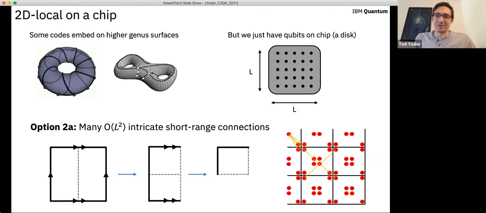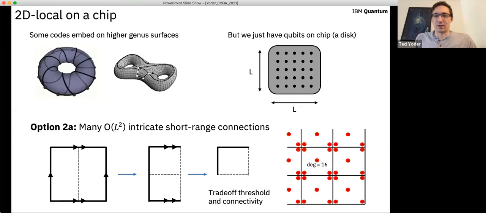Yeah, so I also don't have a great understanding of how easy that would be. But at least these are somewhat local. They're not stretching all the way across the lattice. They're just a constant distance away. And there are some optimizations to be made here if you're willing to trade off how well the error correcting code works for less connectivity.